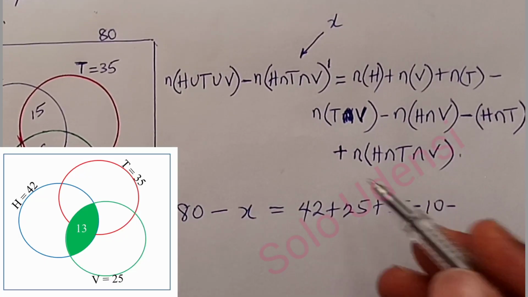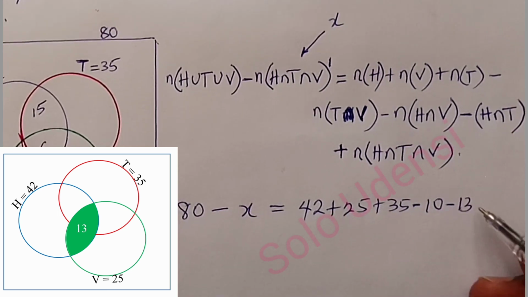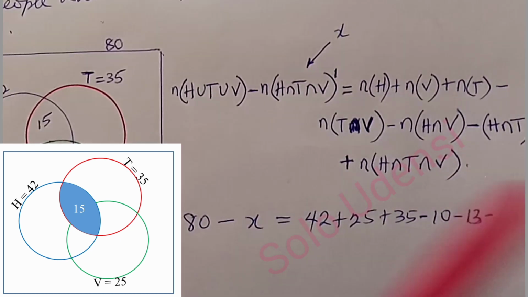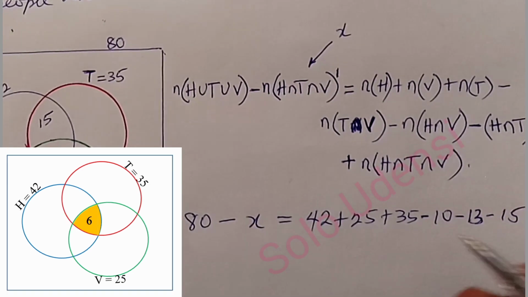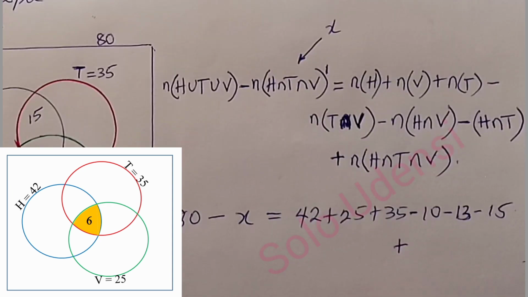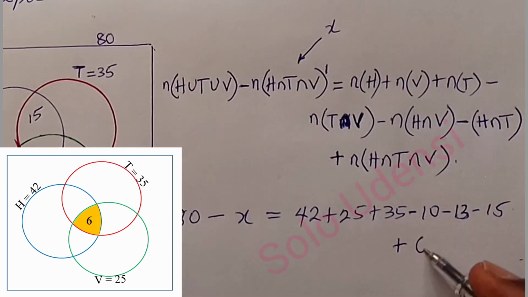Number of handball and volleyball is 13. Number of handball and tennis is 15, plus number of all, that is 6.